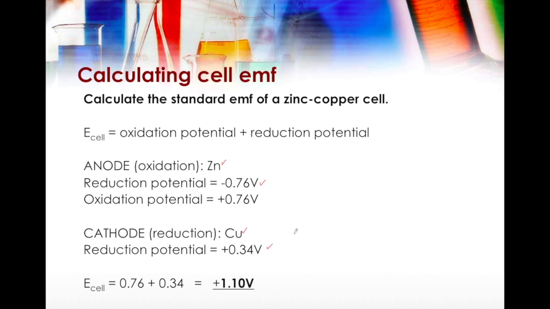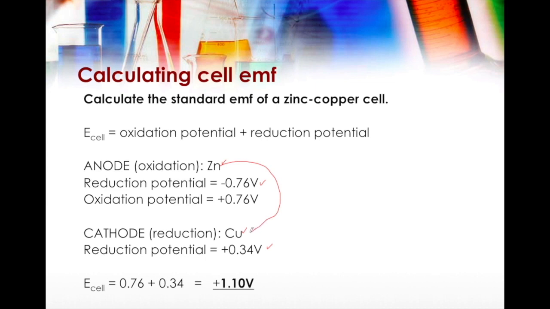In other words, if you look at the table again, I would encourage you to have your data booklet with you right now. You can see that the zinc half equation is in a much higher place compared to the copper, assuming you're looking at the reduction potential table, which means zinc will undergo oxidation.